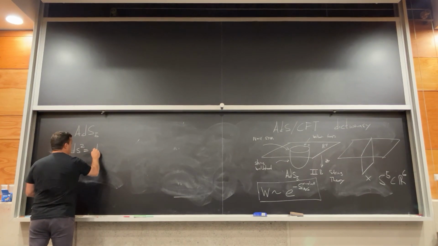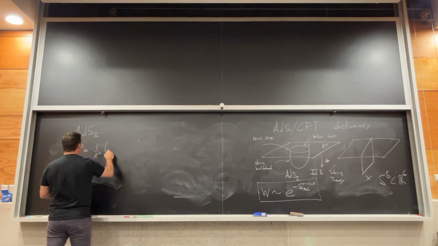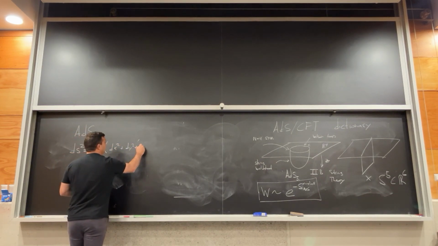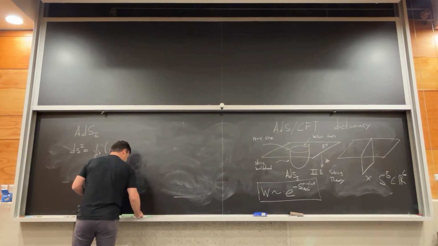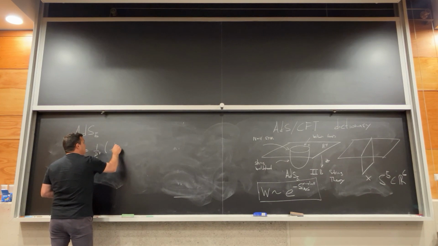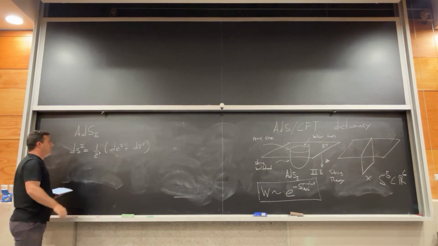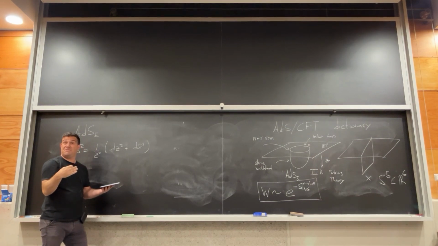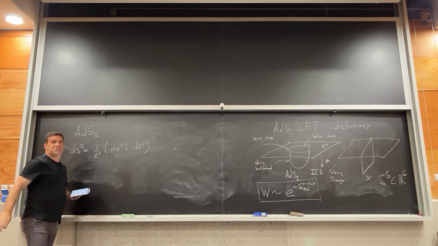Okay, and this is 1 over z squared times, let me start with z, dz squared plus d vector x squared. Okay, so this is R4, and then there's an additional fifth direction, z, and then the metric is 1 over z squared times the flat metric.